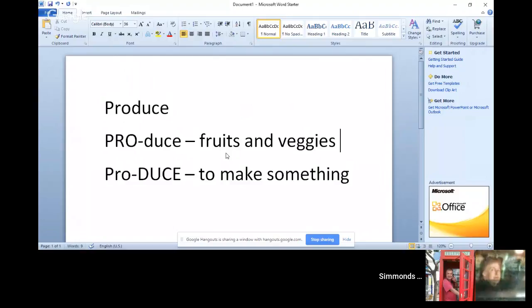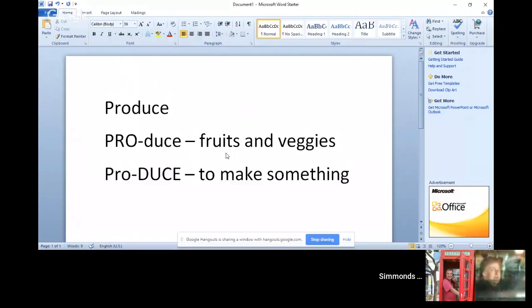Okay. So when you were in the produce section at the grocery store, we use produce for fruits and vegetables. Okay. So only for fruits and vegetables? I'm going to check with WordReference here.